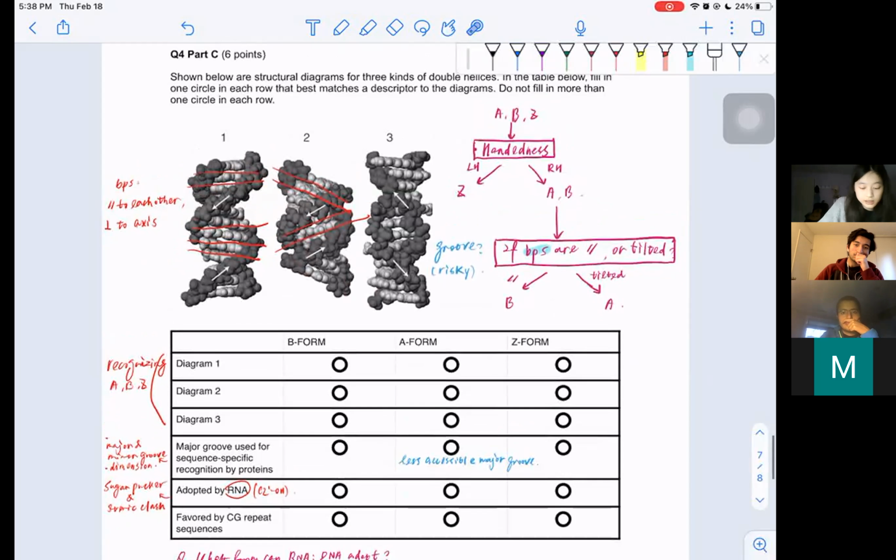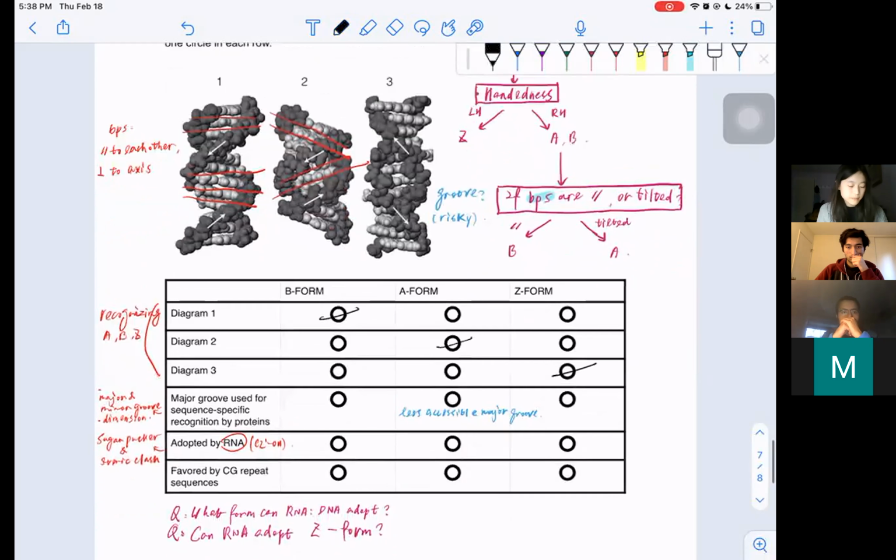So we can say that diagram 3, obviously it's a C form because it's left-handed, and diagram A is B form, and diagram 2 is A form.